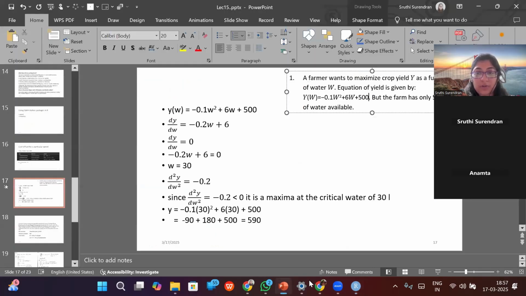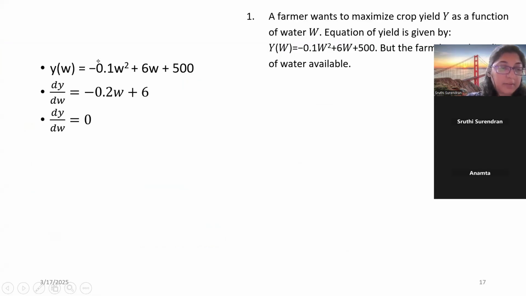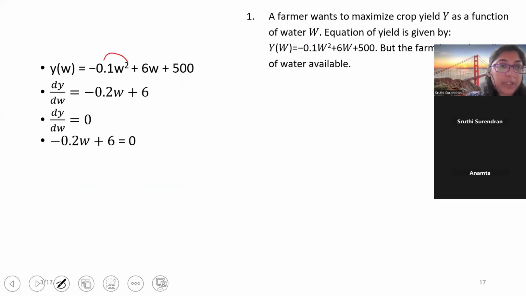Now, if you try to solve it numerically, the first step is to write the function, which is minus 0.1 w square plus 6w plus 500. The first derivative of it: this term will come here, and this term will come here. It will be 2 into 0.1, so 0.2, and 2 minus 1, w, plus 6.